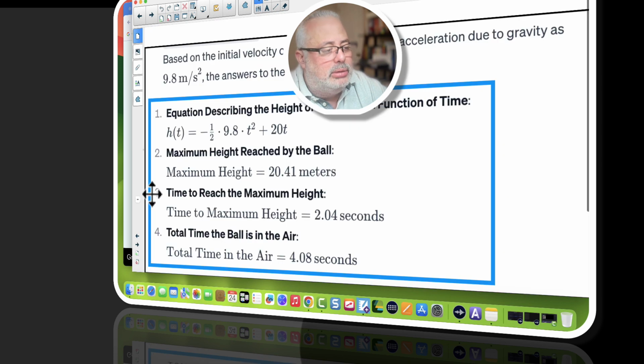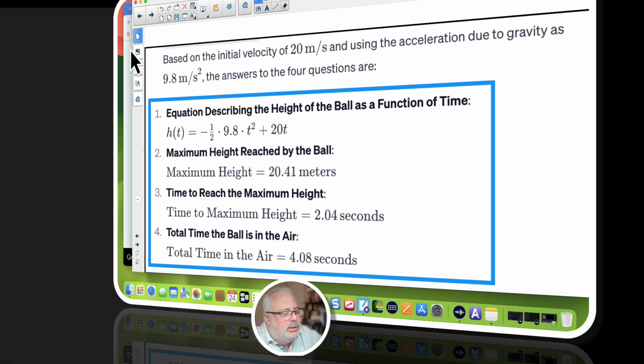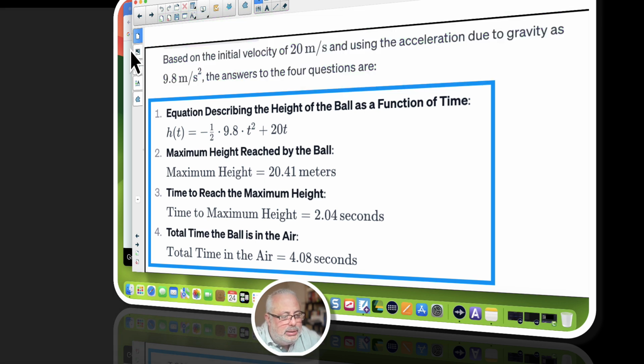So right here, one mathematical or physical problem based on the initial velocity of 20 meters per second and using the acceleration due to gravity as 9.8 meters per second squared. What are the 4 questions?